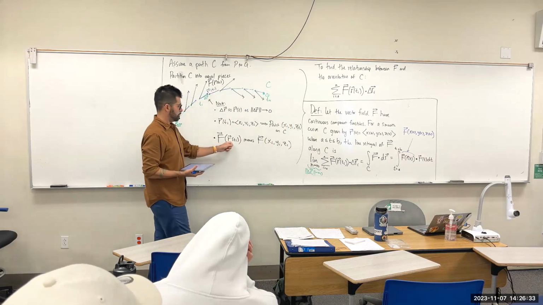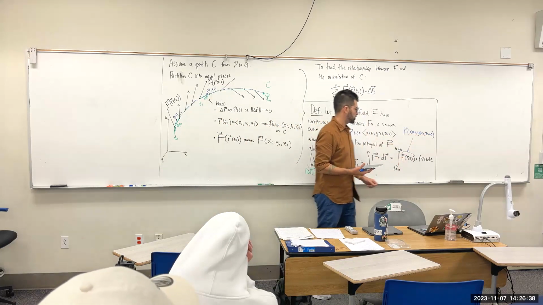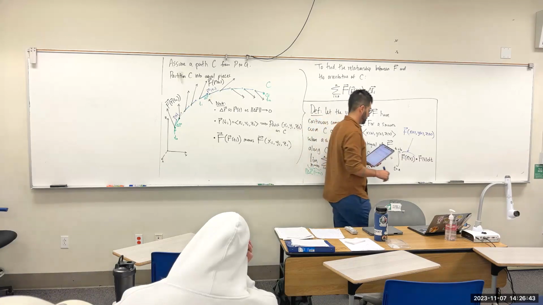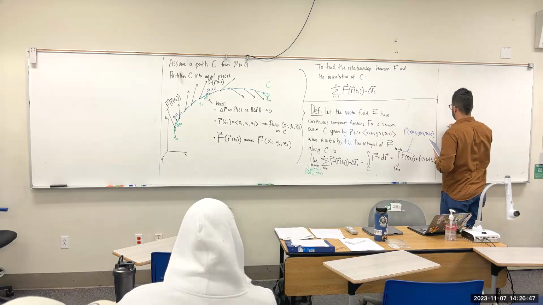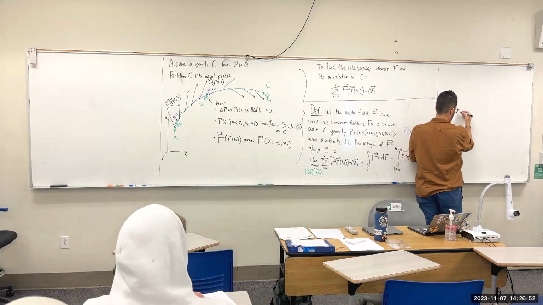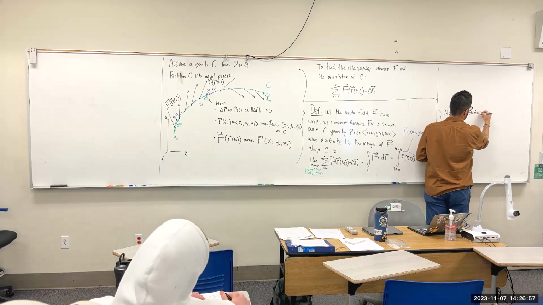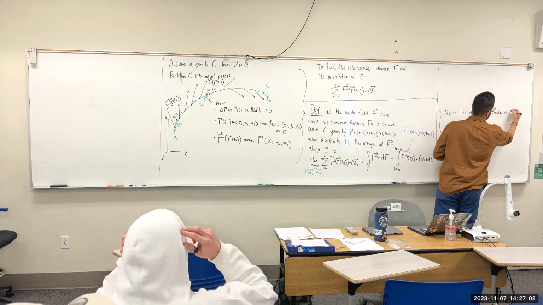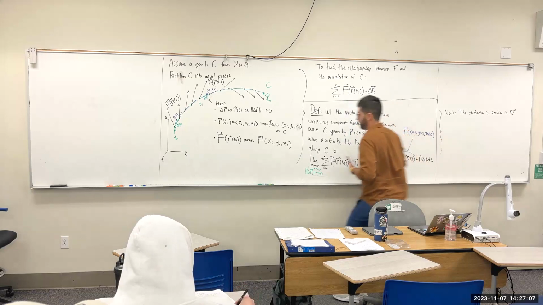Just the way kind of this meant you're plugging in a point, this means you're plugging in the component functions. And then just a little note here. The definition is similar in R2. It's just you're dealing with a two-dimensional thing versus a three-dimensional thing.